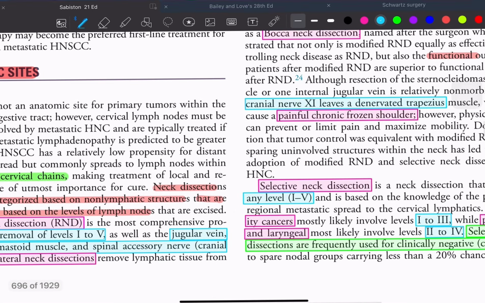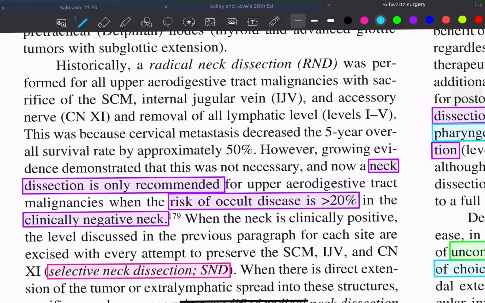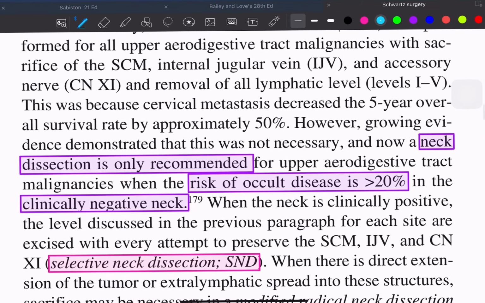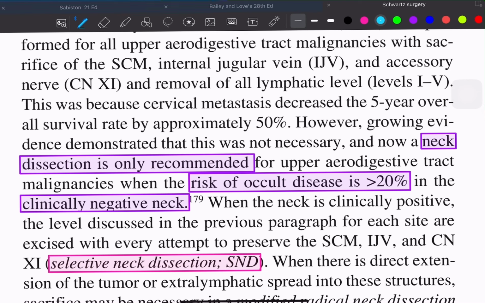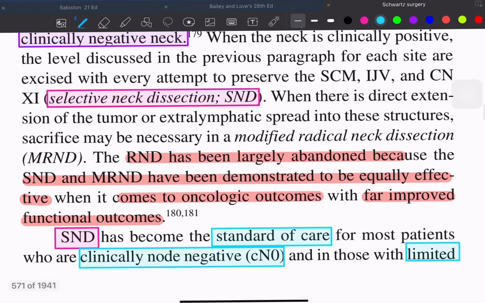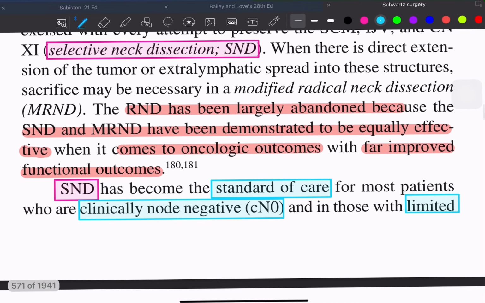Now come to Schwartz. Few important points are given here. What Schwartz says: nowadays, neck dissection is only performed when the risk of occult disease is more than 20% in a clinically negative node. So clinically negative and occult disease more than 20%. What is selective neck dissection?